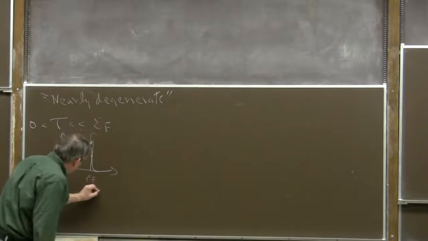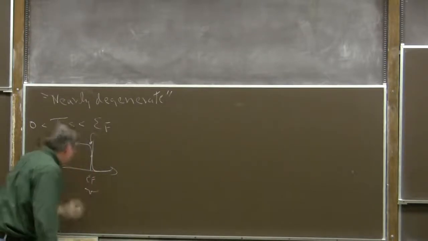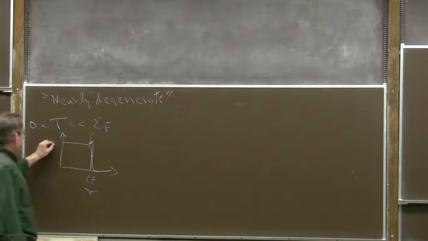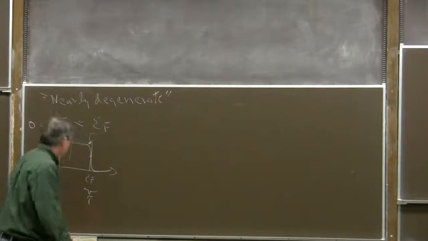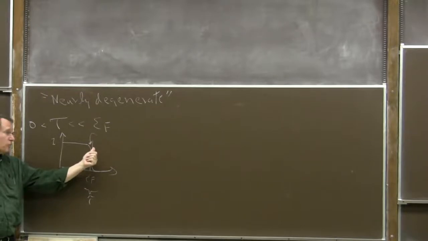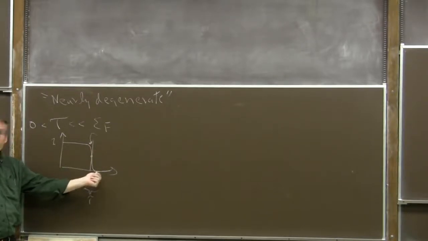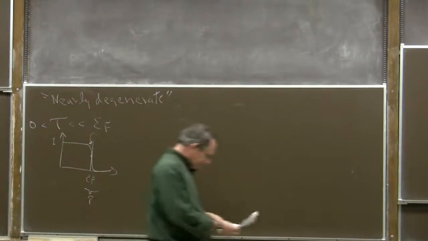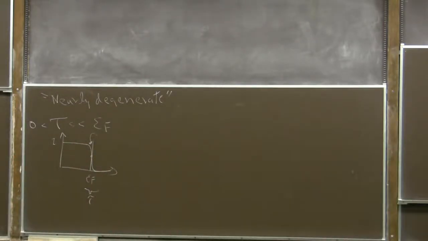And the width of the range in energy in which we have occupation numbers that differ appreciably from 1 and 0 is about the temperature. Thermally, we can excite some particles that are just below the Fermi energy, pushing them up to just above the Fermi energy, and we get this rounded distribution. Just above and just below means by about an energy equal to the temperature.